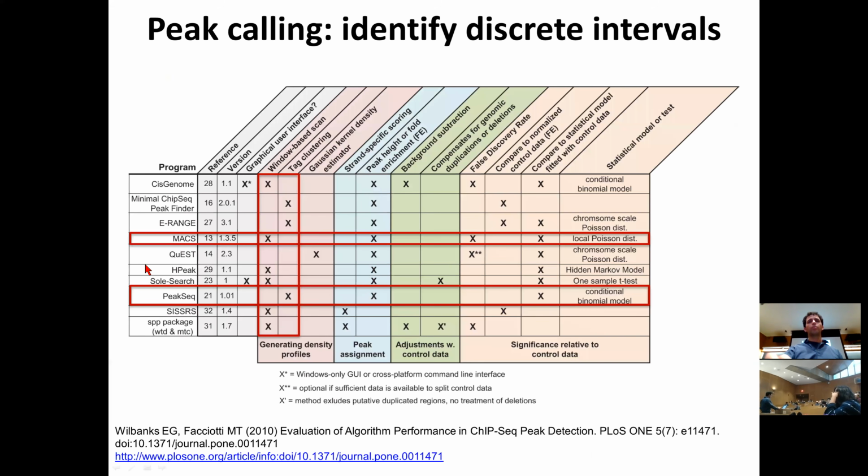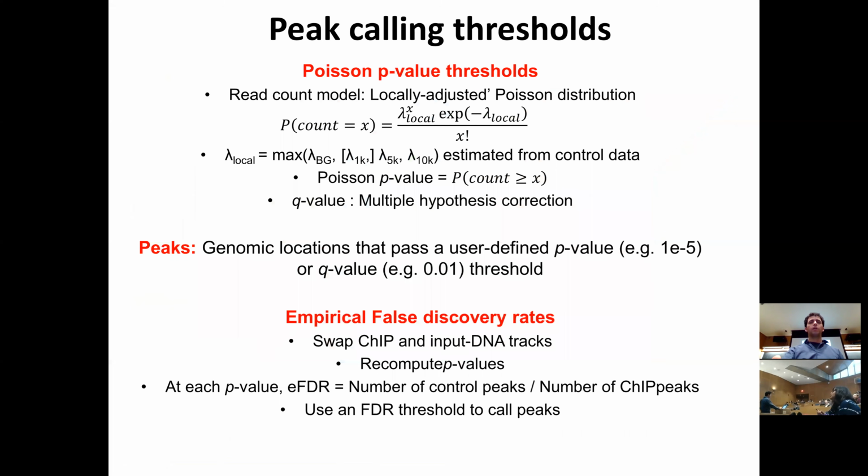But you know, there's been a huge number of peak callers that have been developed. MACS and ChIP-Seq were the ones that were very heavily used in ENCODE. They're also very popular, even outside ENCODE. MACS is particularly widely used. It was developed by Shirley Liu over at Harvard. And these basically rely on a model for how reads are distributed.